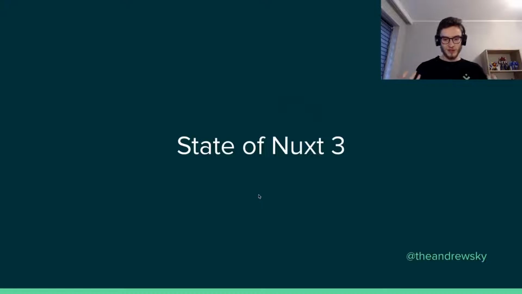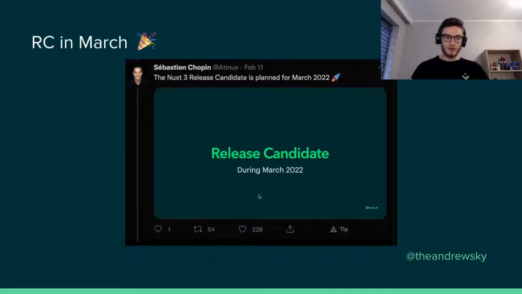So what about the state of Nuxt 3? Because we already explained quite a few features that improve the developer experience. Nuxt 3 is still in beta. However, the release candidate is planned for March, next month, in a few days, let's say. So we are all waiting for it.